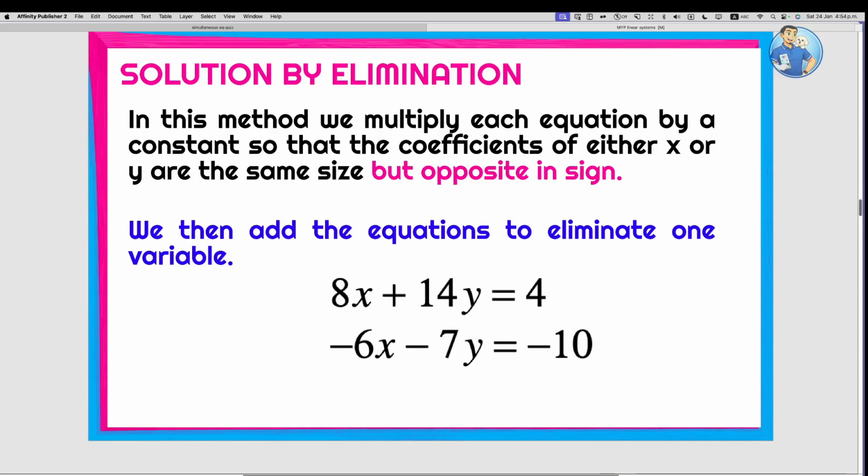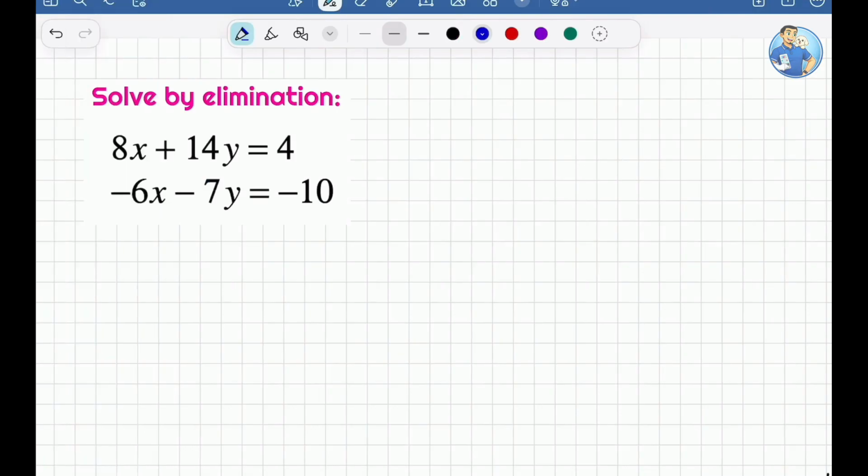Let me show you this in action. Let's go to the iPad. So we are solving by elimination. The goal is to find a number, a coefficient, to match the coefficients. So this is again equation 1, equation 2.